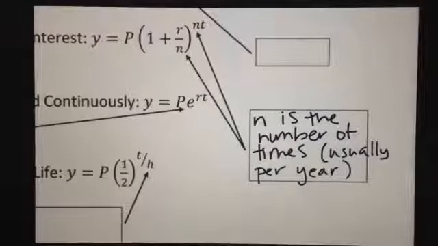And notice the n shows up in that equation twice. There's 2 n's there, but they're the same number. So if it's quarterly, n would be 4, because that's 4 times a year. Monthly would be 12, because there's 12 months in a year. Daily would be 365. Semi-annually would be 2, because that's twice a year. Annually would be 1, because that's once a year.